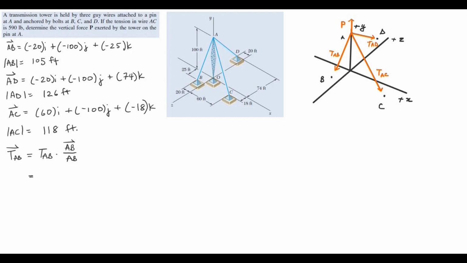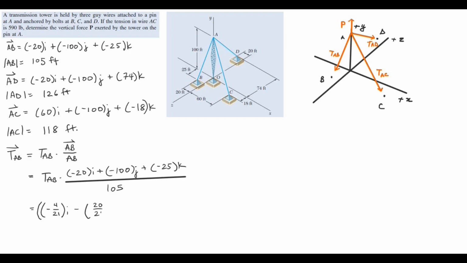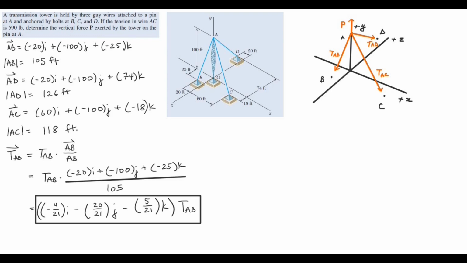And this gives us, and simplifying this we get minus 4 over 21i minus 20 over 21j minus 5 over 21k.